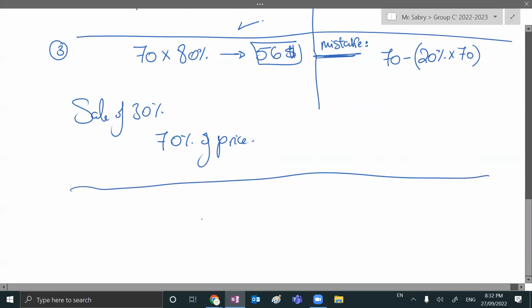Another point is, what if instead of deducting, what if I added? What if there are taxes, for example? So let's say something costs $200 right now, and there will be an added tax of 30%. How can I calculate that?